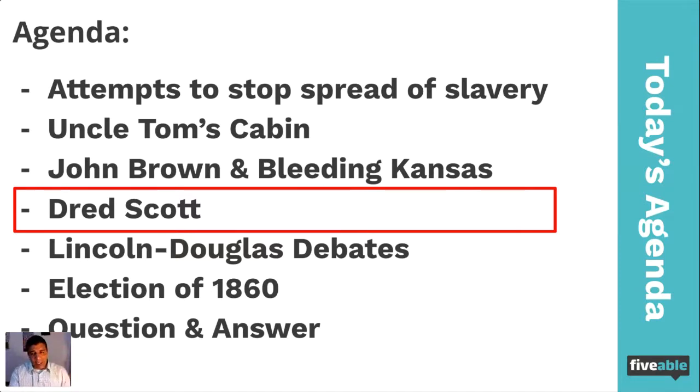We had 3 attempts. Actually, let's do a little review. What were the 3 attempts to stop the spread of slavery? Write them down. Go. Missouri Compromise. Compromise of 1850. And the Kansas-Nebraska Act.